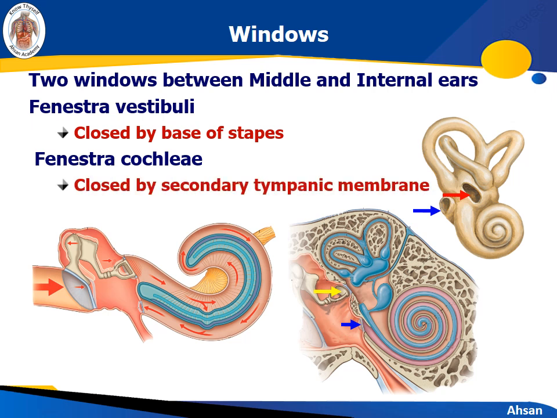This is known as the secondary tympanic membrane. So any mechanical movement that passes through the middle ear creates a wave in the perilymph that causes a movement in the wall of the membranous labyrinth, and naturally a wave in the endolymph.